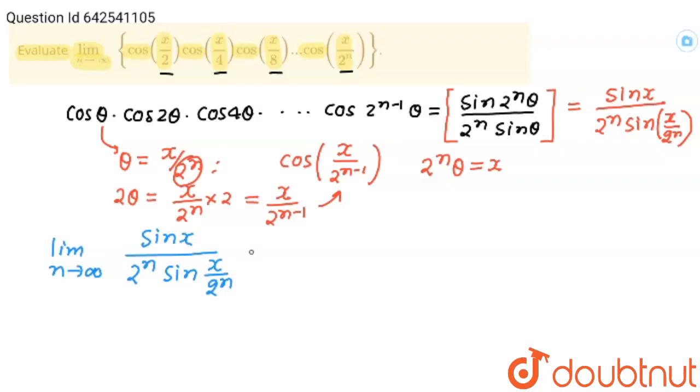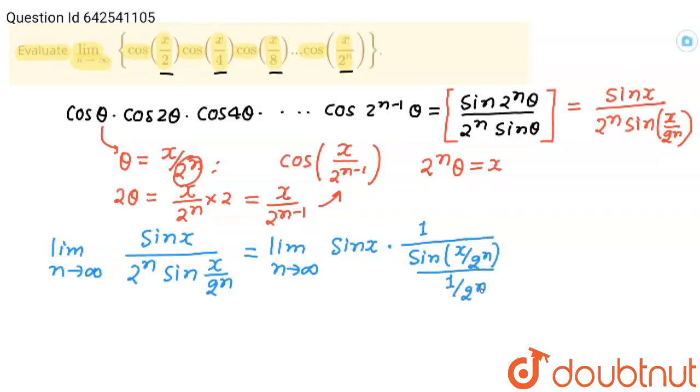So I am going to write this expression as limit n tends to infinity of sin x into 1 upon sin(x upon 2^n), whole upon 1 upon 2^n.